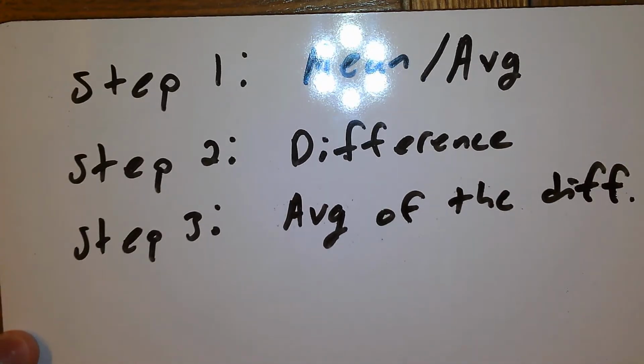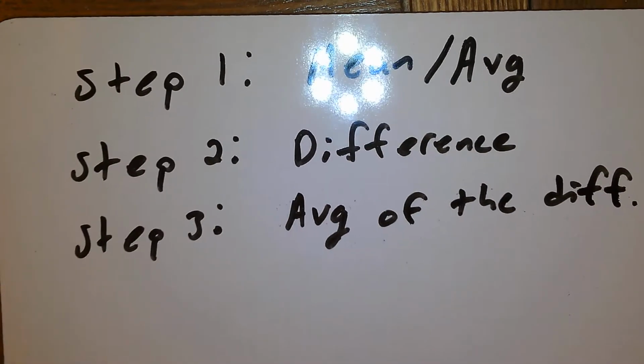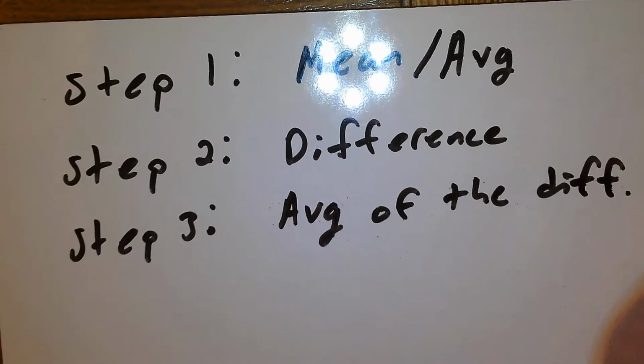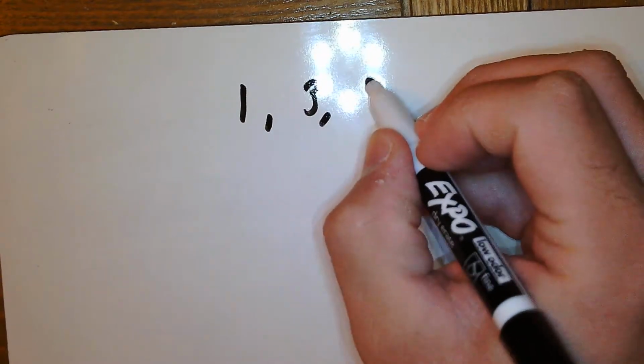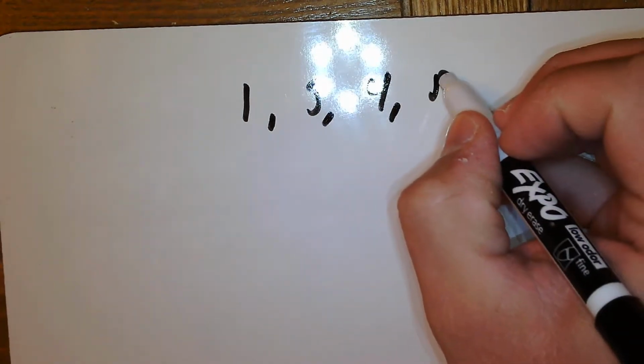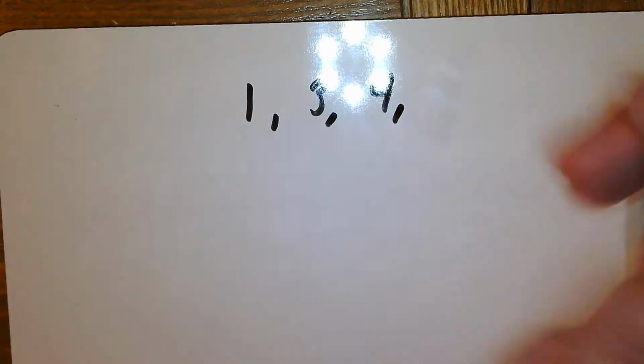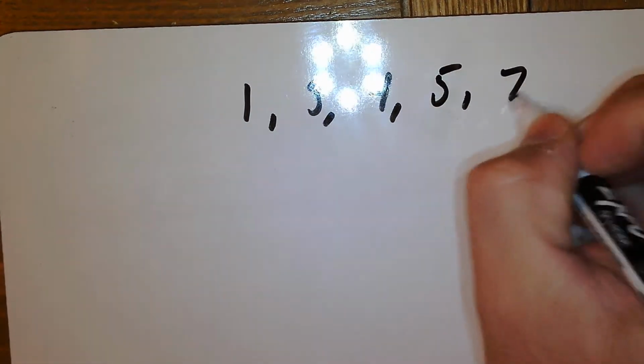Okay. So we'll do a few example problems. Hopefully we'll get it. It should be pretty easy. We'll start off with something simple. So let's go with 5 numbers: 1, 3, 4, 5, and 7.